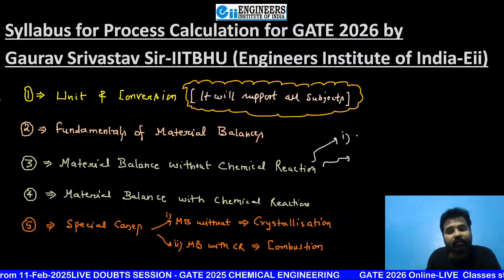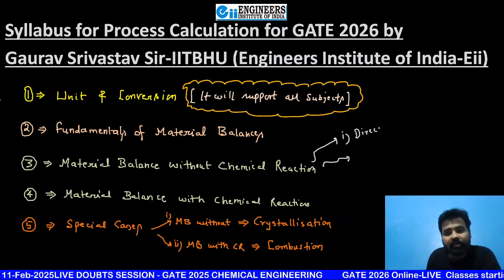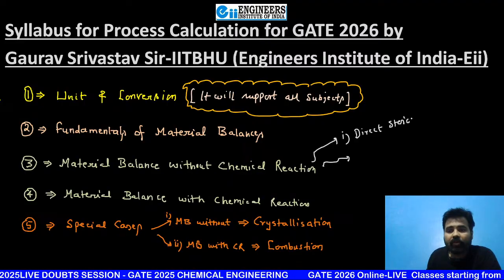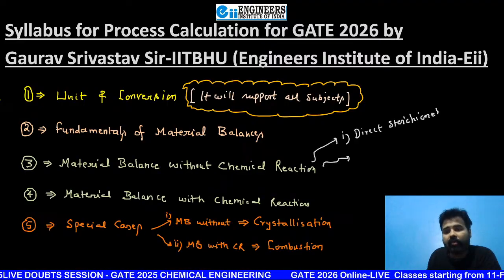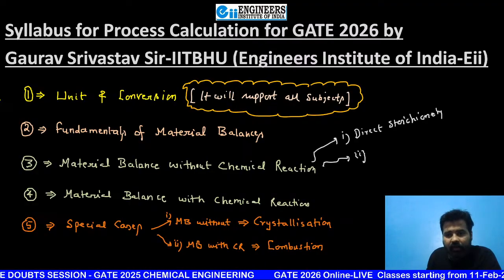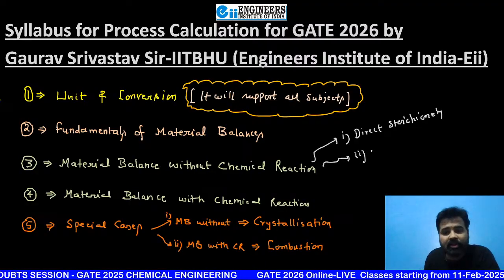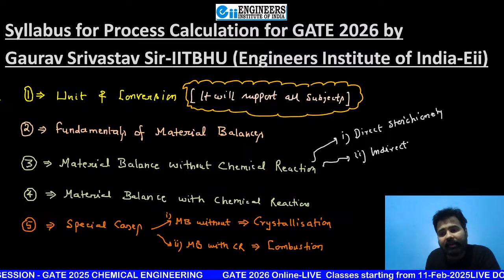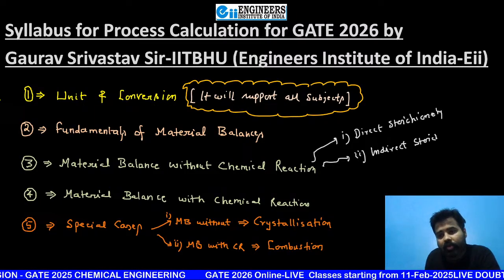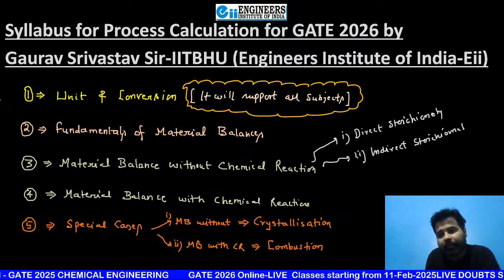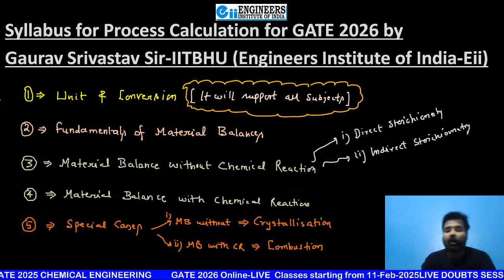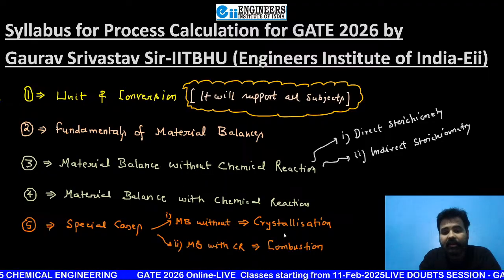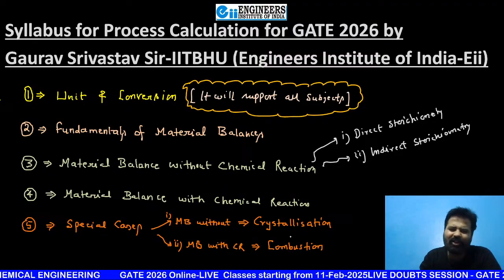In part number 1, direct stoichiometry, and then a few material balances without chemical reaction that will be indirect stoichiometry type.